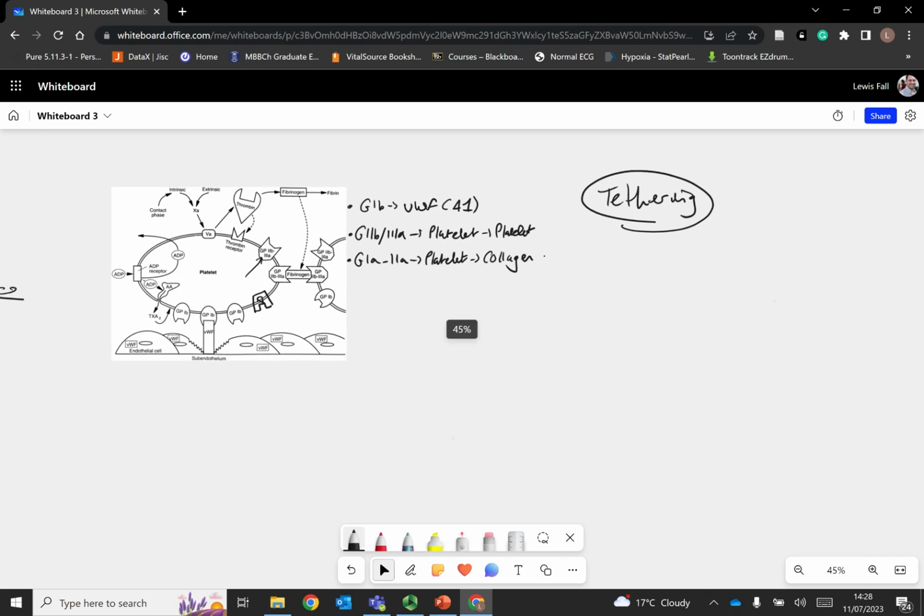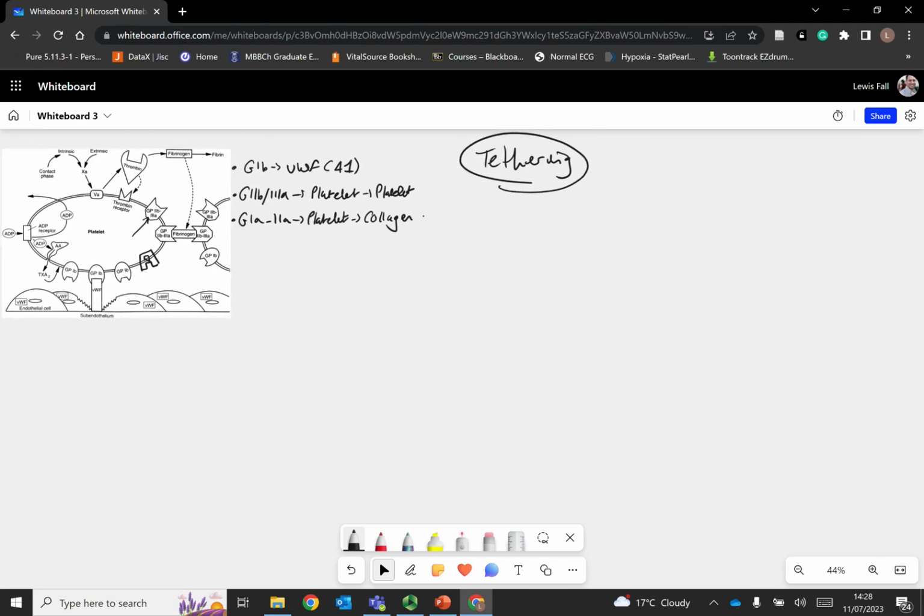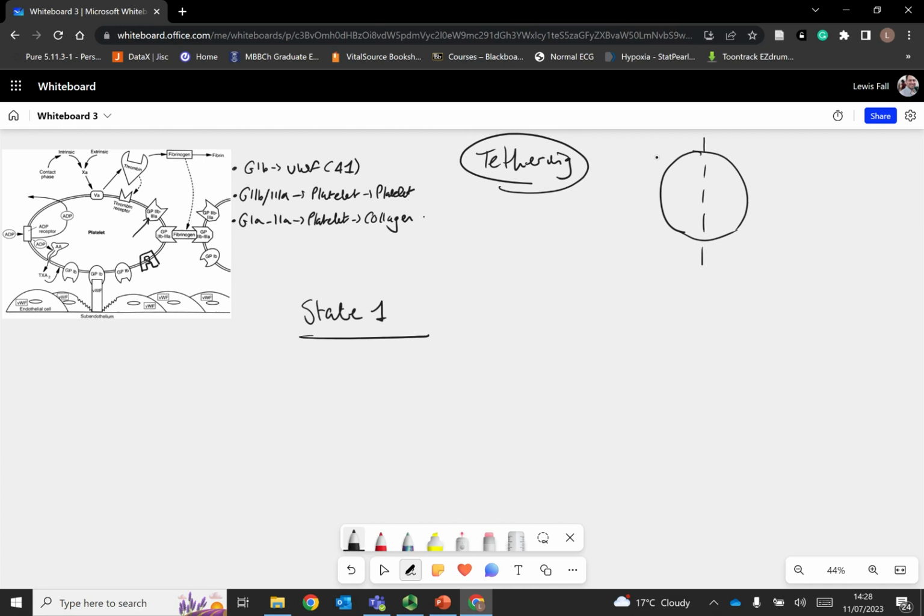Okay, let's just make this a little bit smaller again so I've got some space. Okay, so state 1 is going to be, and don't forget we're talking about platelets, if you remember back to the previous slice, we said that one of the things that takes a platelet from its resting to its active state, the big thing that's going to do that, is shear stress.